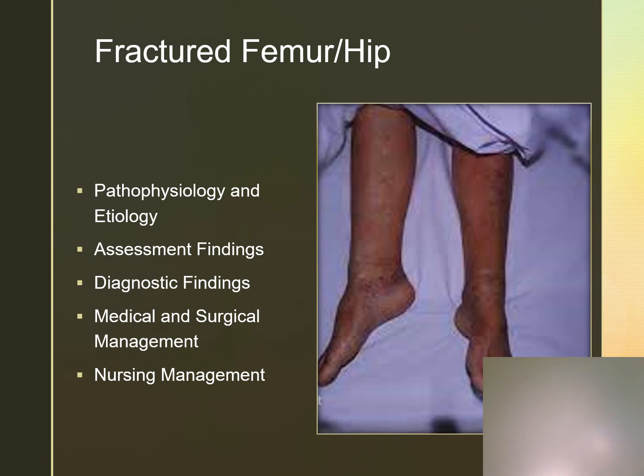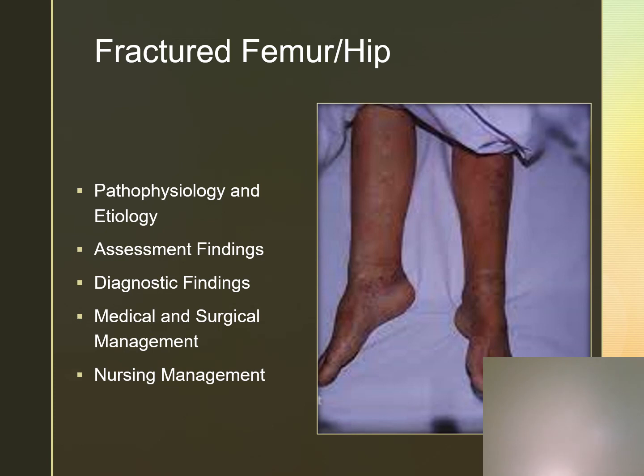These clients will also experience severe pain, but they'll also have shortening and external rotation of the leg, blood loss, extensive bruising, edema, and contained bleeding. In other words, the bleeding is within the hip or upper thigh area itself, and it can become quite edematous with the loss of blood.